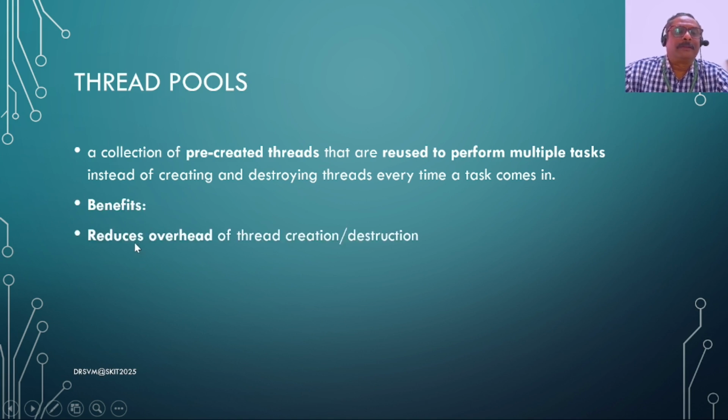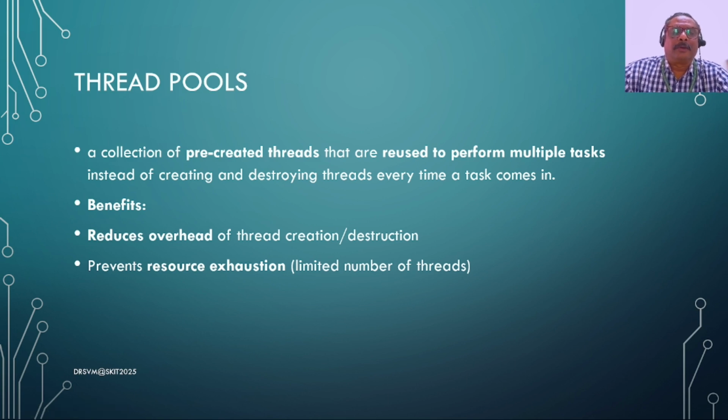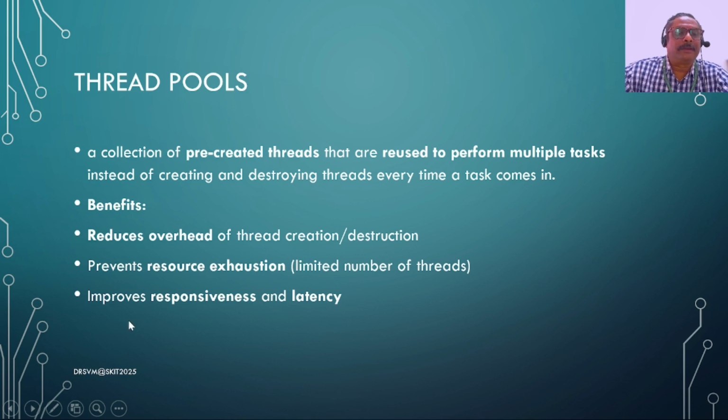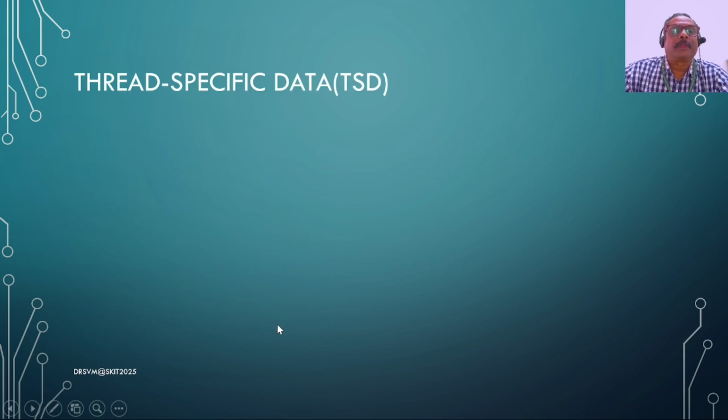The advantage is it reduces the overhead of creation and destruction and prevents resource exhaustion, because we want a limited number of threads. We pre-create this limited number of threads and keep using them. Then resource exhaustion can be eliminated. It also improves responsiveness and latency, and supports task queuing and load control.